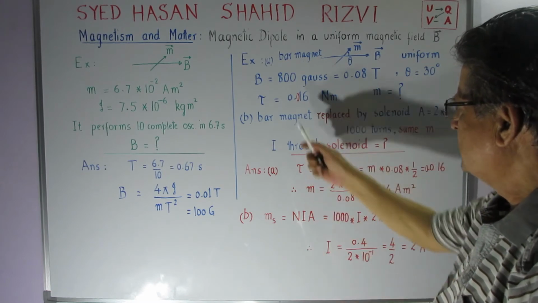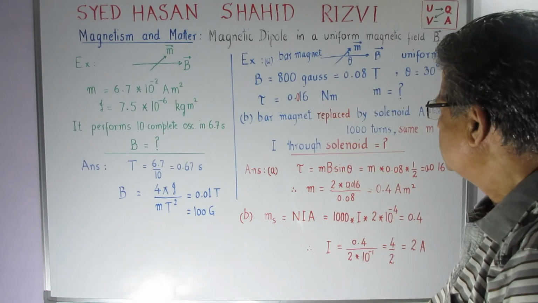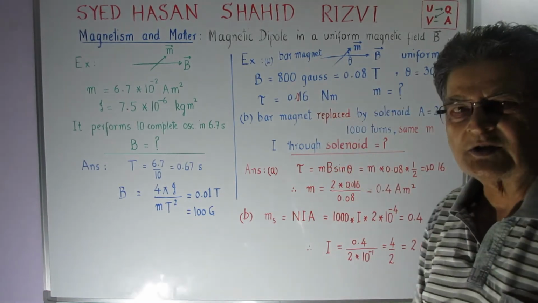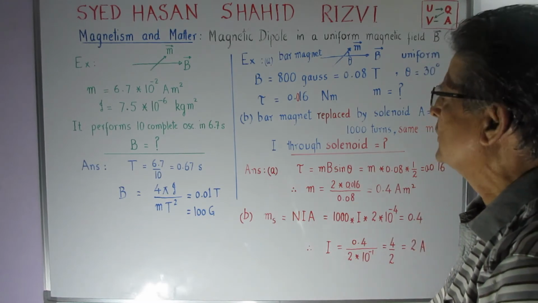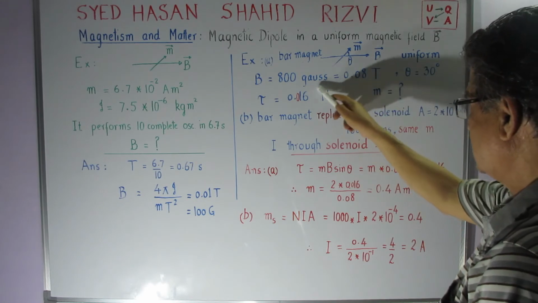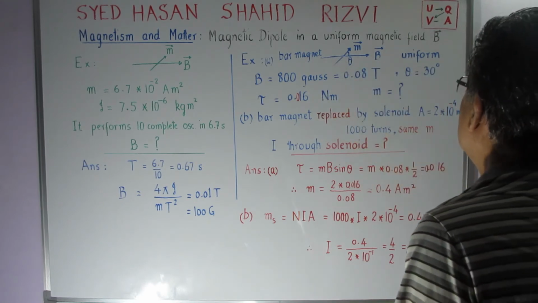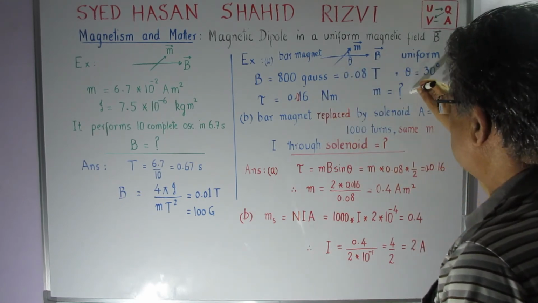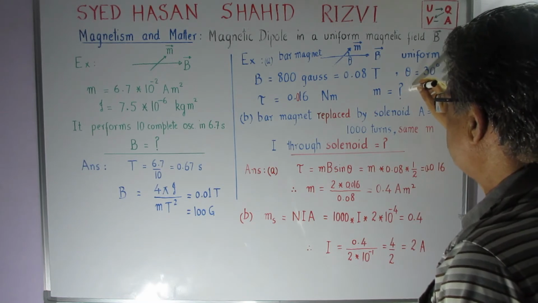Torque is given as 0.016 Newton meter. Sometimes we also write it as meter Newton. Anyway, it's the same thing. It has the dimensions of work. They are asking us a question: what is the value of M?